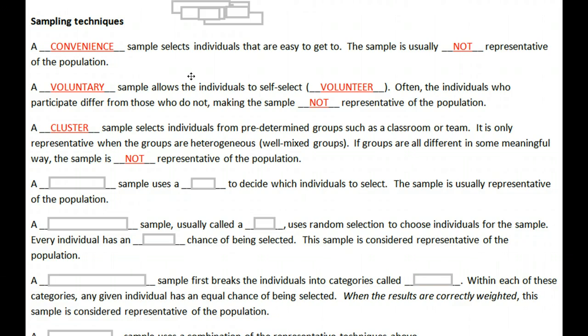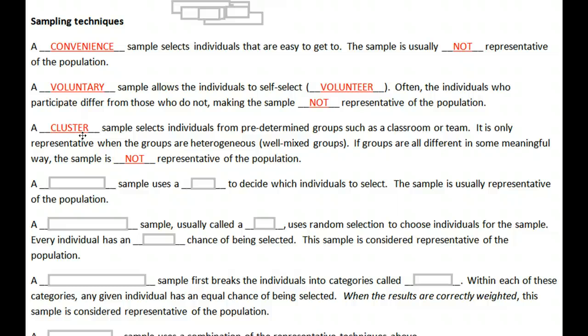Now, when you have a set of groups that make up a larger group, so for example classrooms in a school, you could treat each of those smaller units, smaller groups, as a cluster. And then you could pick a single cluster at a time and just ask all of those people instead of asking a few people from each classroom.